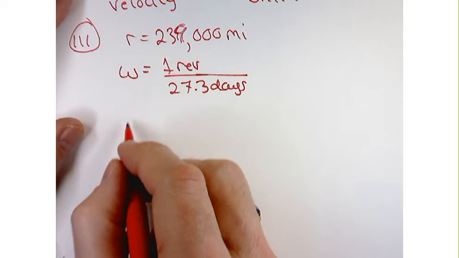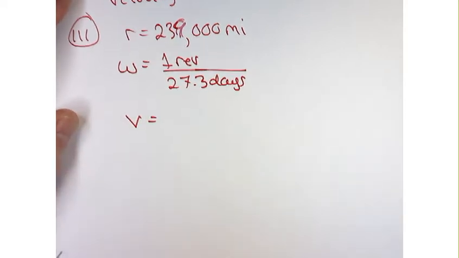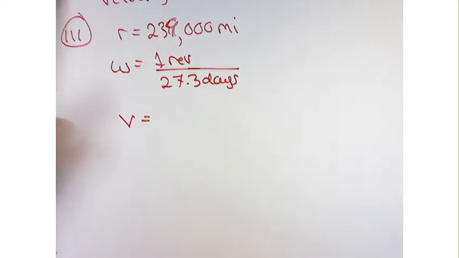The question is, what's the linear speed? What's omega? Well, unfortunately, one revolution is not an angle in radians. But it's not too far from an angle in radians.